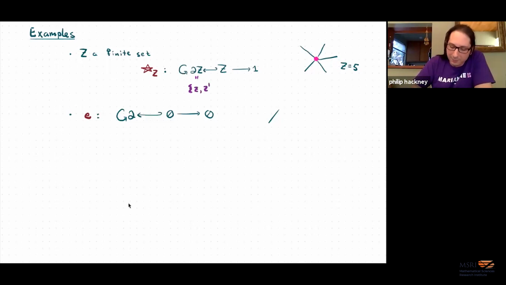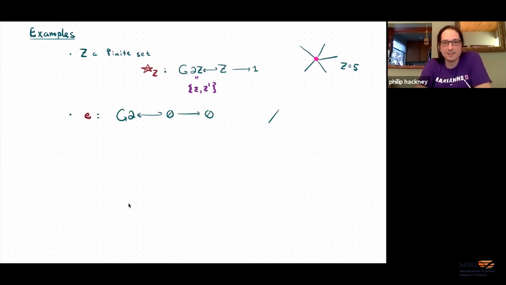I'll write prime for the second copy of an element Z. And one vertex. So in this picture, we have 10 oriented edges or arcs, and 5 edges, and 1 vertex.